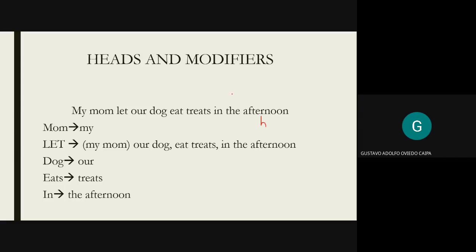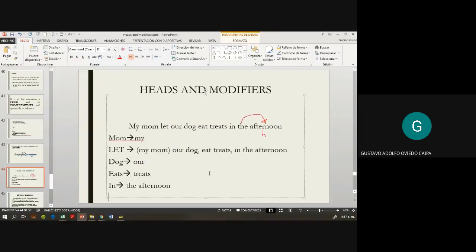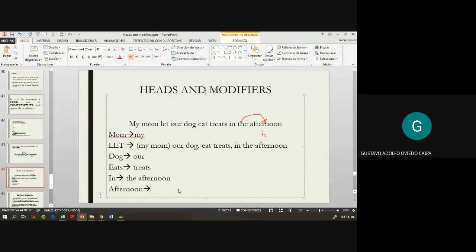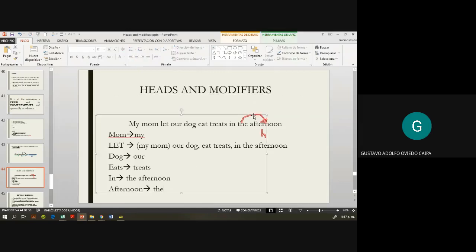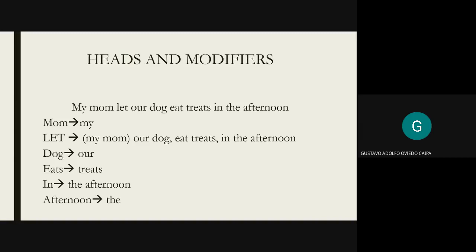The, that's it. This is going to give information about afternoon. So, afternoon, modifier, the.